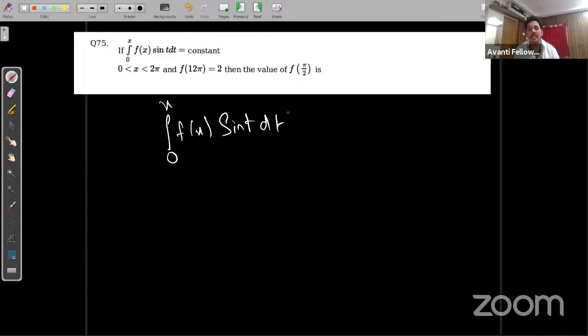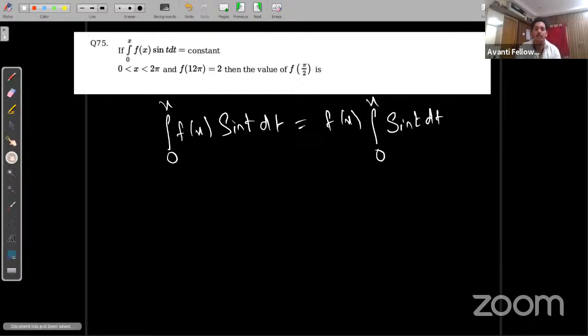Here you are integrating with respect to dt, so your variable is dt, and you should not worry about x here. You can just take f of x outside into the integral from 0 to x of sine t dt. Only the terms which are in terms of t should be kept inside the integration.